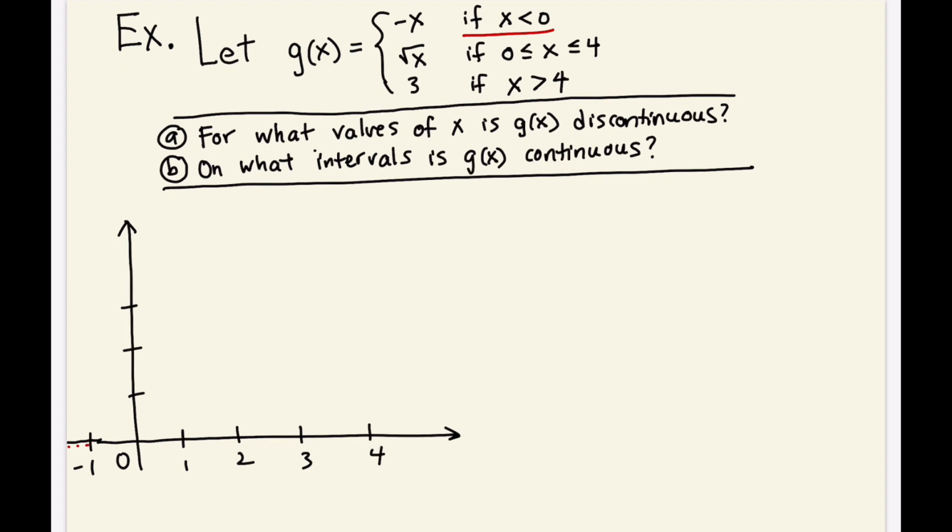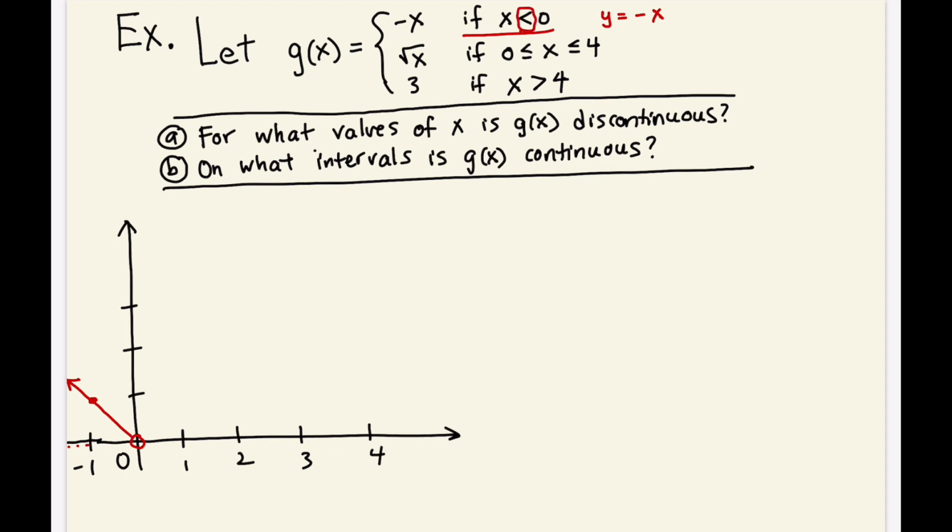For those values, we graph y equals negative x, which is just a line with slope -1 that passes through the origin. I'm going to do a quick sketch. The arrow means the graph continues in that direction. And I'm going to leave an open circle here because we have a strict inequality.